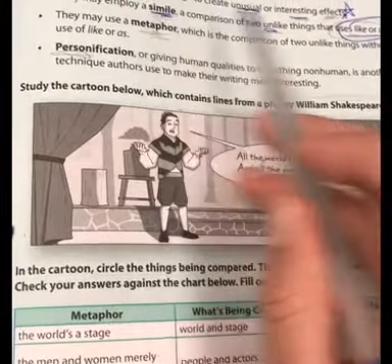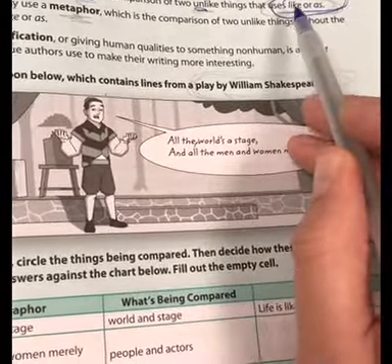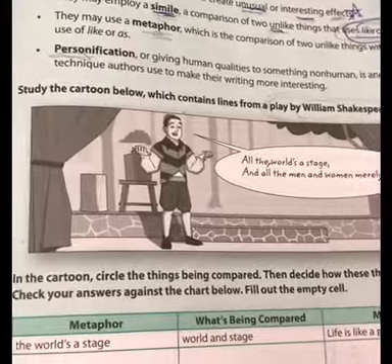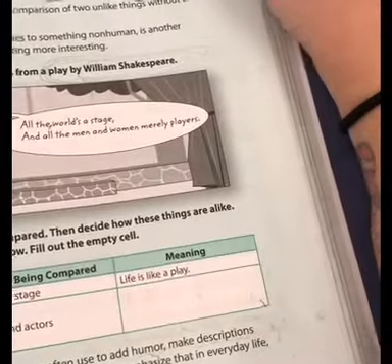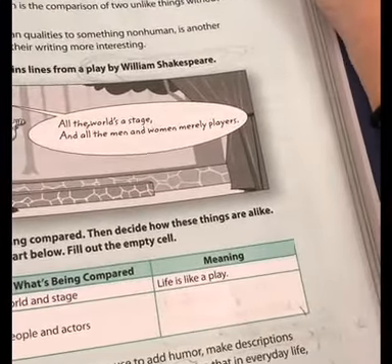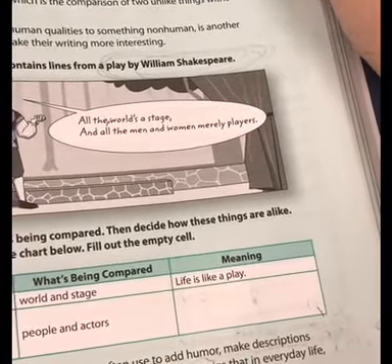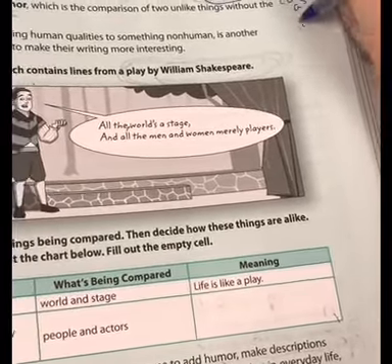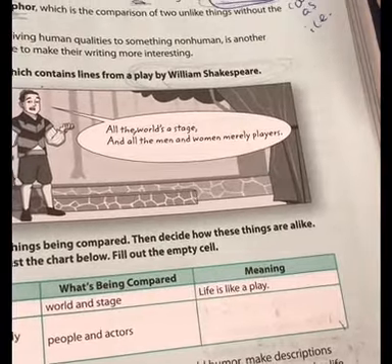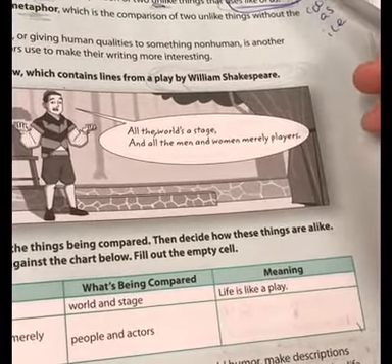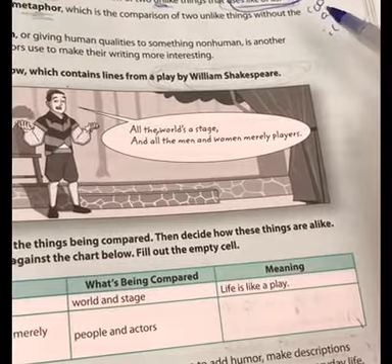If you get your similes and your metaphors mixed up, the clue for a simile is that it uses like or as. Miss Carol is as cool as ice. Obviously, that's a simile. I'm comparing myself to ice just to show how cool I am.